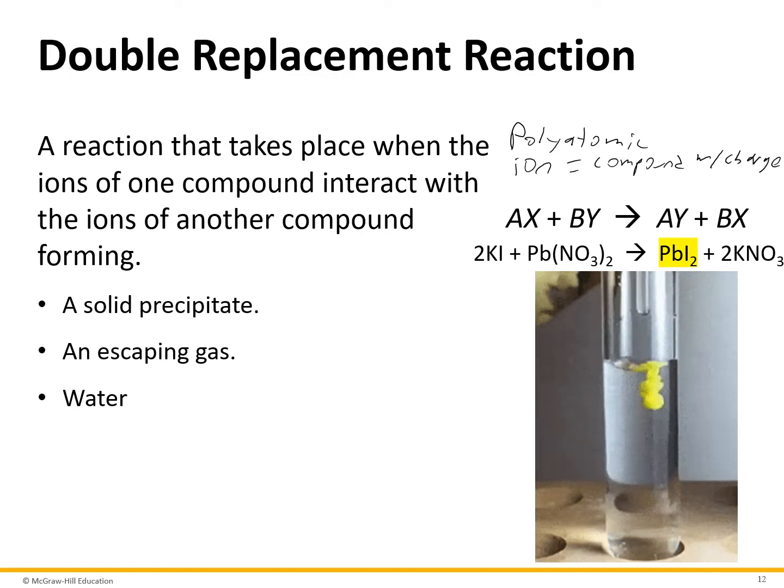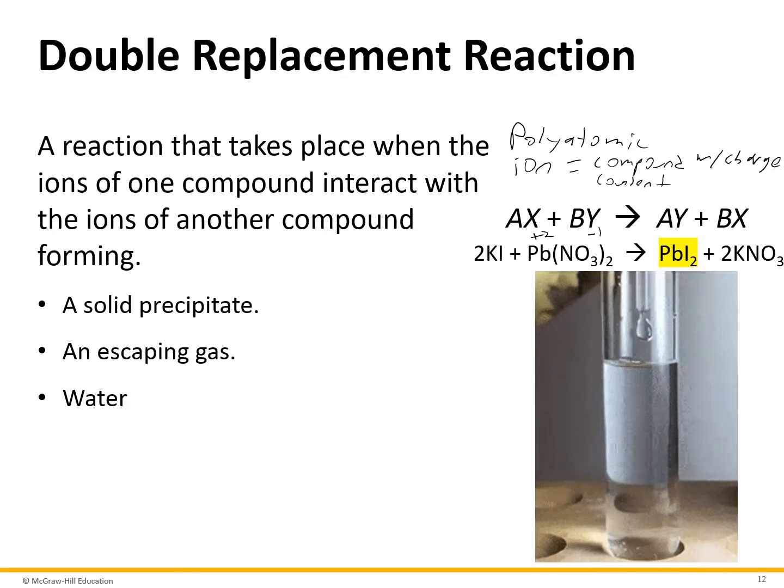So nitrate has a -1 charge. Lead, in this case, has a +2 charge. So this acts like a salt, even though there's a covalent compound in it. So 2 -1s balances out the +2 of the lead. That makes it a stable salt, even though it has a covalent component to it, which is kind of cool.